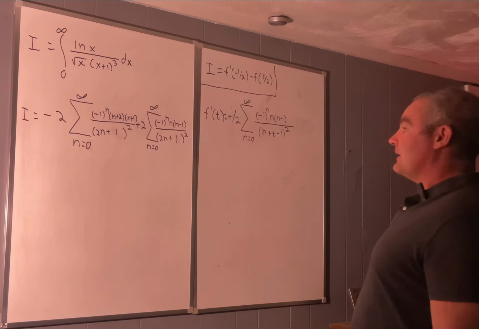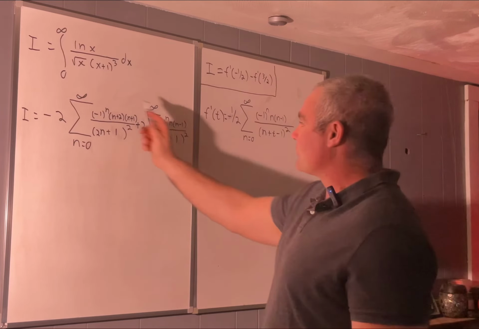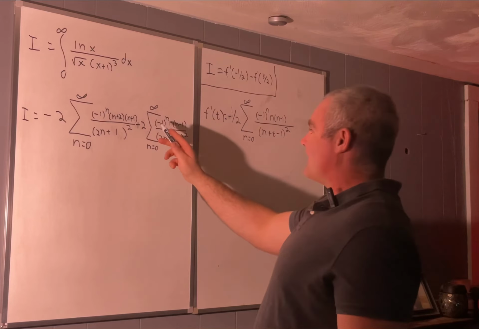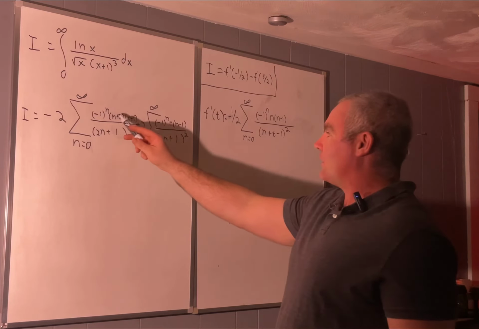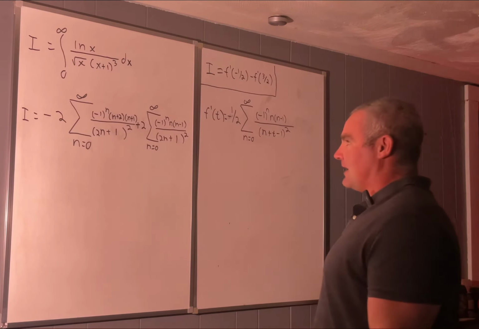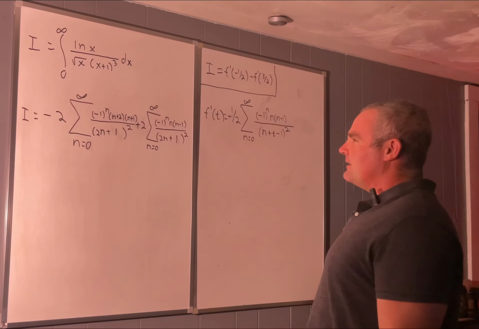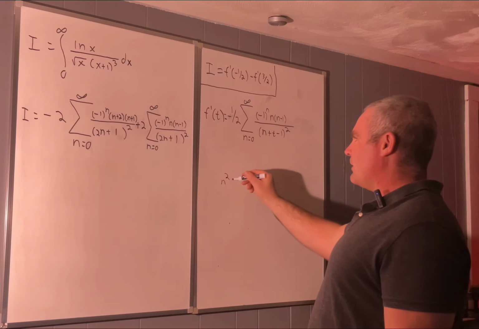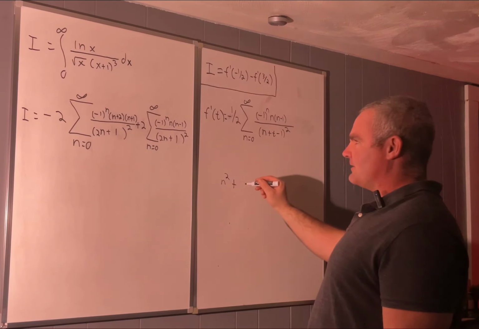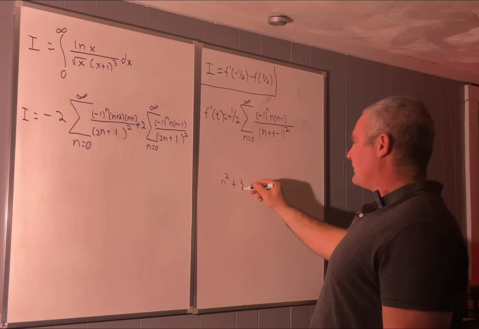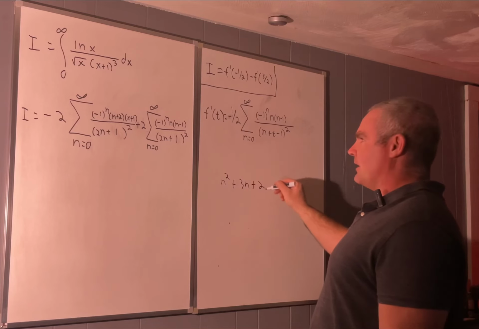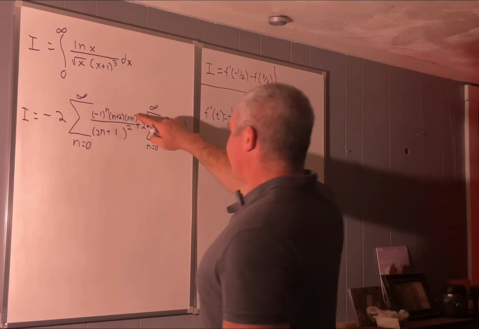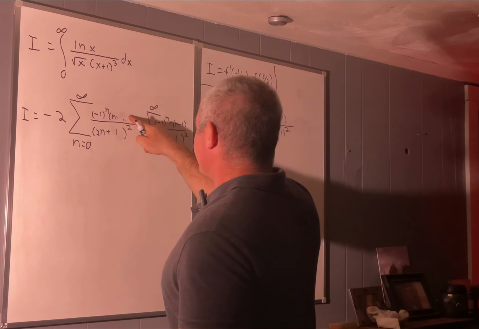All right, now we're getting somewhere. So now I'm going to rewrite this thing below. Instead of rewriting it like this, I'm actually going to FOIL out this n plus 2 times n plus 1. That would be n squared plus n plus 2n plus 2, so n squared plus 3n plus 2. So I'll just go ahead and write that instead of this.